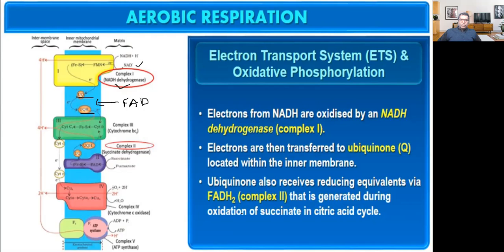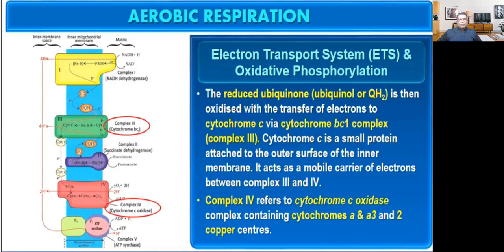That is generated during oxidation of succinic acid. Then reduced ubiquinone, ubiquinol or QH2, is oxidized with the transfer of electrons to cytochrome c via the cytochrome bc1 complex, that is complex 3.